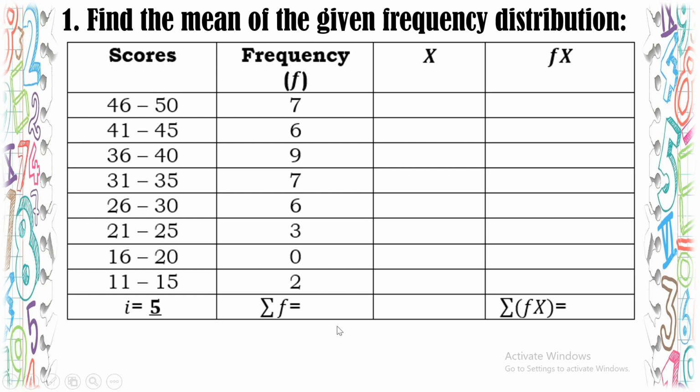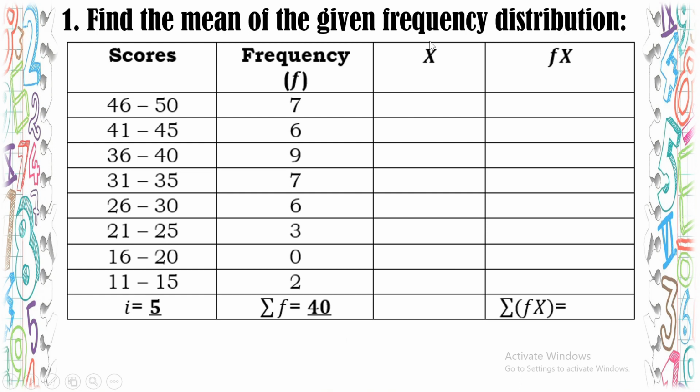Next, we have the summation of f. To solve for that, we simply add all the numbers in the frequency column. So that's 7 plus 6 plus 9 plus 7 plus 6 plus 3 plus 0 plus 2 is 40. So the summation of f is 40. After that, we now have to complete the column for the class mark.